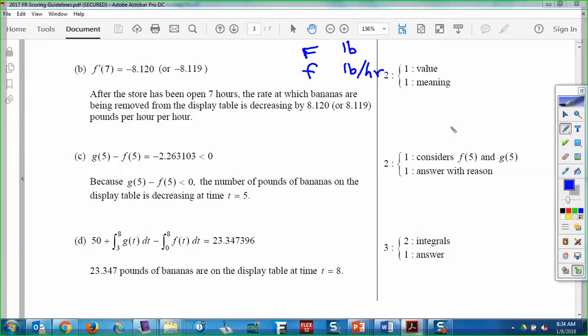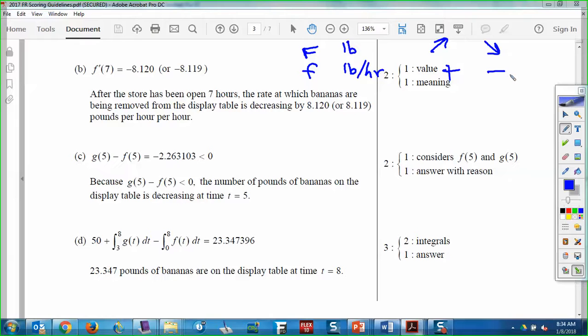Is the number of pounds on the table increasing? The question becomes this: if pounds is increasing, that means G minus F, my pounds per hour, would need to be positive. If it's decreasing, then that's going to be negative, right?